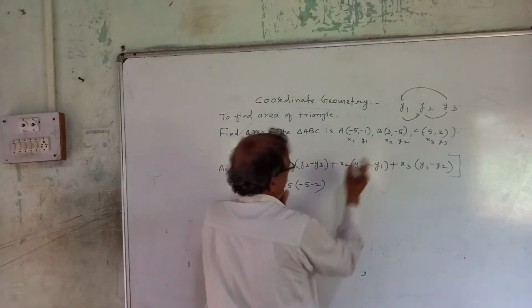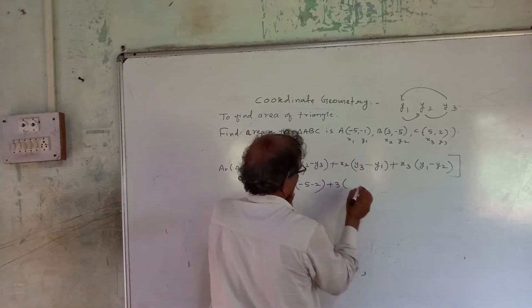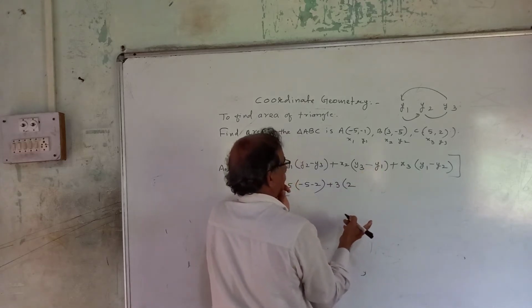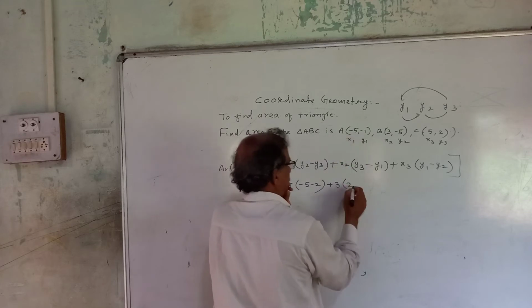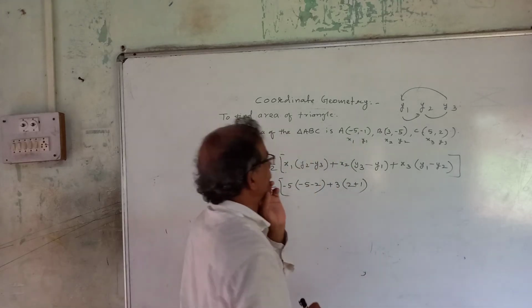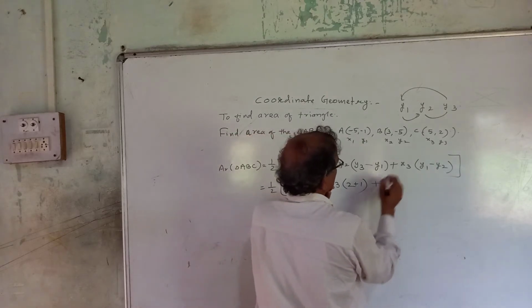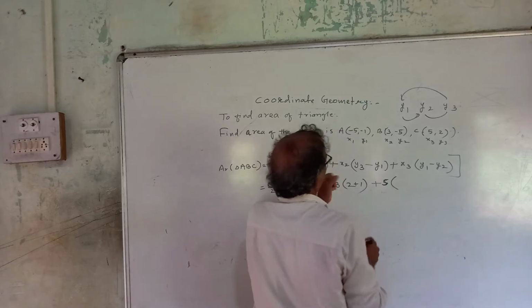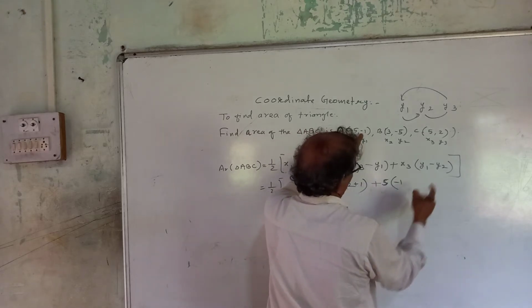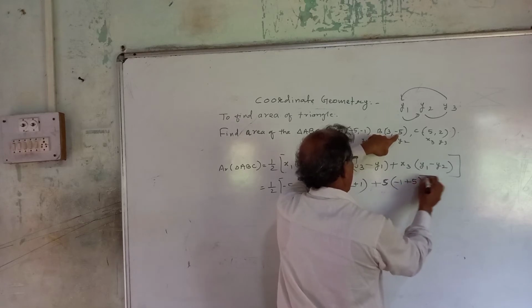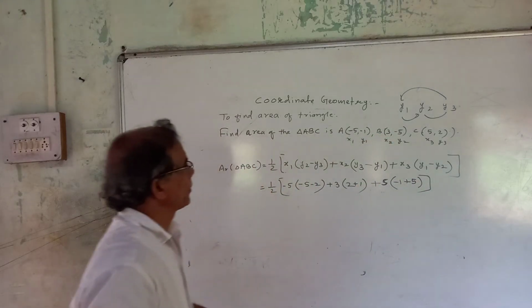Plus x2 is 3, so plus 3 into (y3, how much? 2, minus y1). y1 is minus 1, so it becomes plus 1, minus minus 1 is plus 1. Plus now x3, how much? 5 into (y1 means minus 1, minus y2). So this is already minus 5, so that will become plus 5. So this is our substitution.